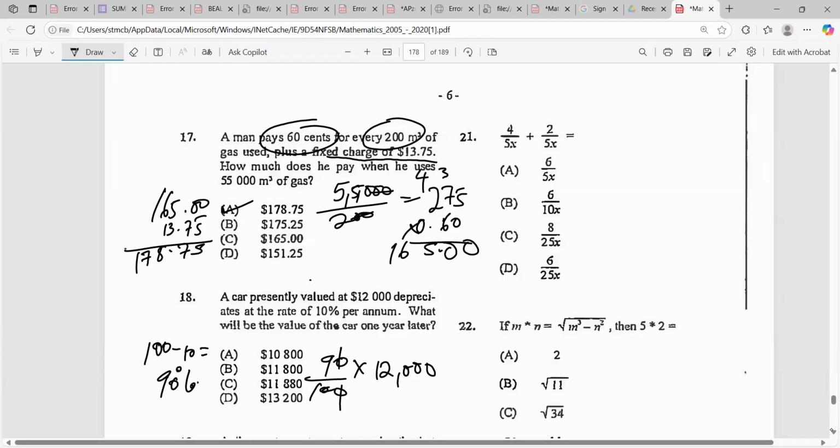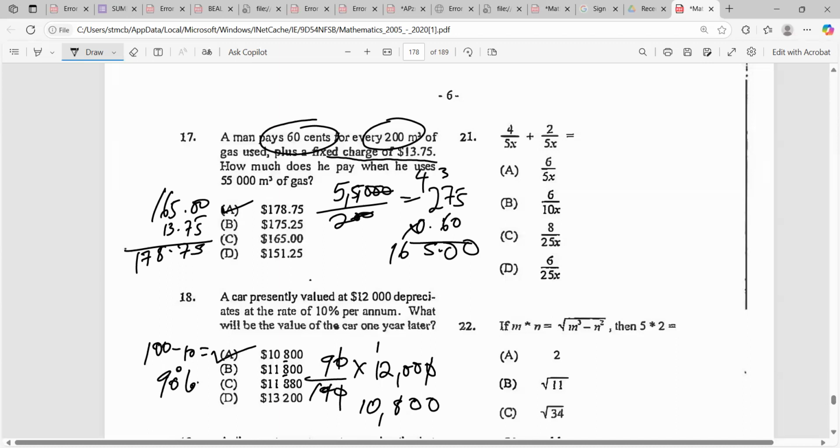So this cancels this, this cancels this. 9 times 12. All right, we could multiply 2. 900, 9 times 2 is 18. 9 ones are 9 and 1, 10. All right, so that'll be A. 10,800.